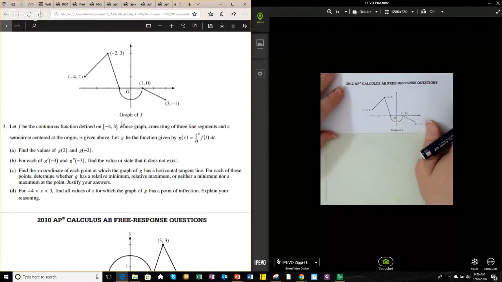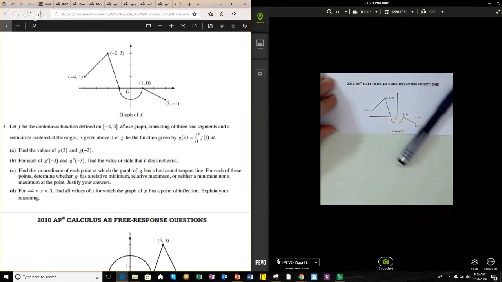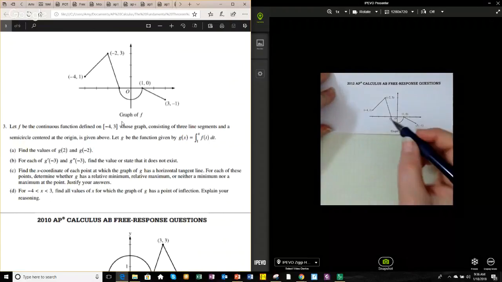Okay, so part A states in this problem, let f be a continuous function defined on the interval from -4 to 3. So here's f. This is continuous, which we know what that looks like, whose graph consisting of 3 line segments and a semicircle centered at the origin is given above.